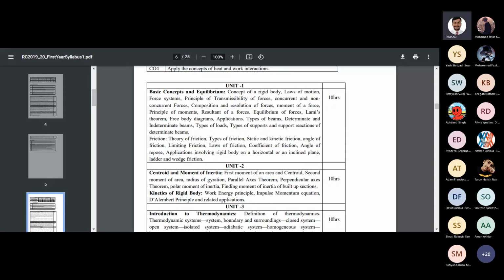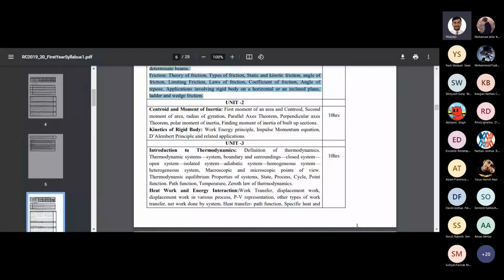Your syllabus. In the first module, we started with forces, then Lami's theorem, then beam support reactions, then friction, coefficient of friction, angle of repose, friction on an inclined plane, and last are the ladder and wedge. So the whole first module I have completed.